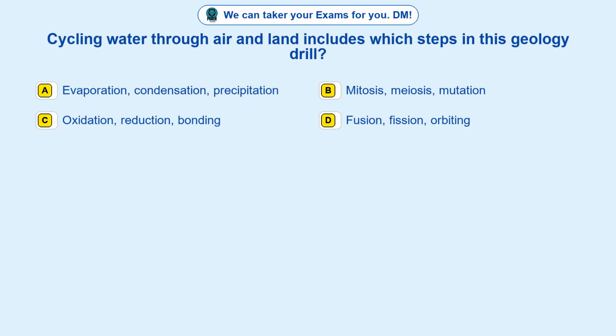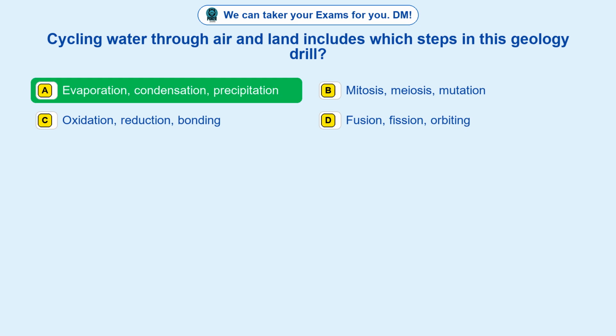Question 87. Cycling water through air and land includes which steps in this geology drill? Option A, evaporation, condensation, precipitation. Option B, mitosis, meiosis, mutation. Option C, oxidation, reduction, bonding. Option D, fusion, fission, orbiting.